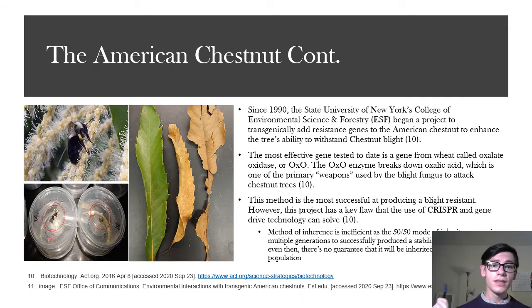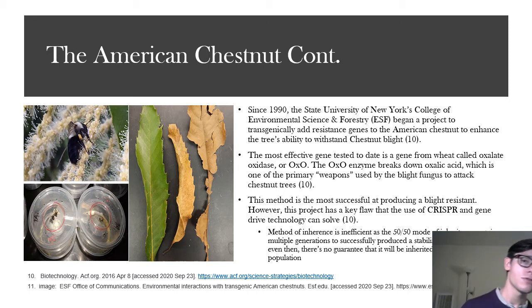However, since 1990 and earlier, for some societies that revolve around the American chestnut, the State University of New York's College of Environmental Science and Forestry, ESF, and the American Chestnut Foundation teamed up together to actually produce a resistant cultivar of American chestnut, able to withstand chestnut blight.